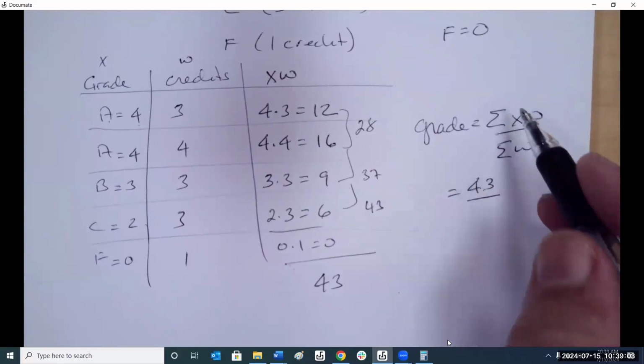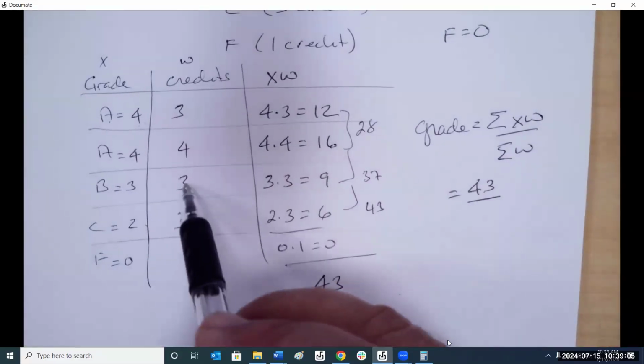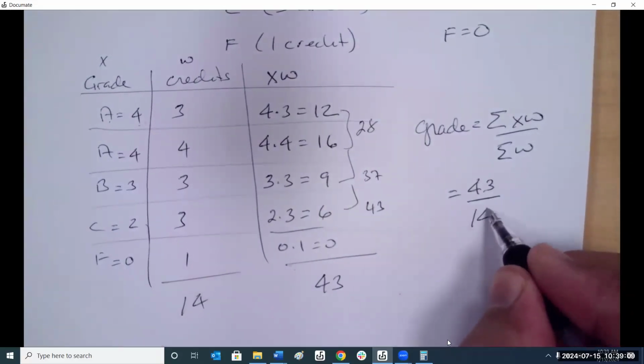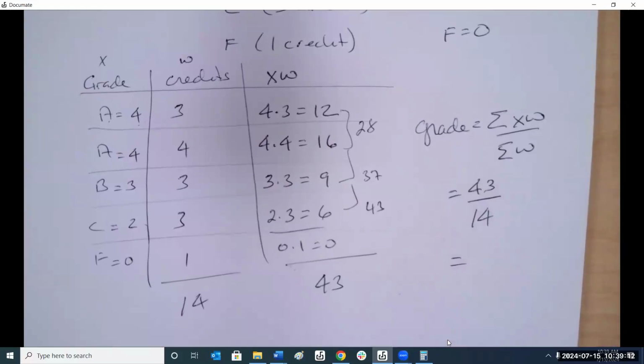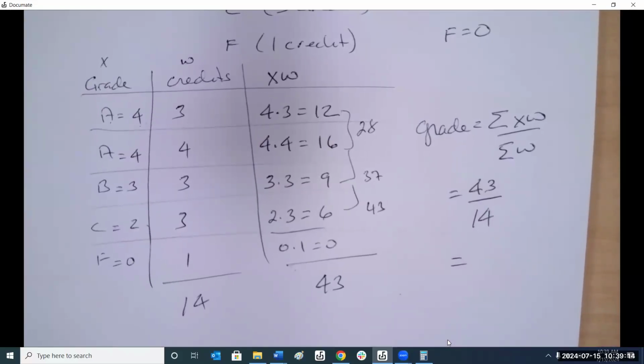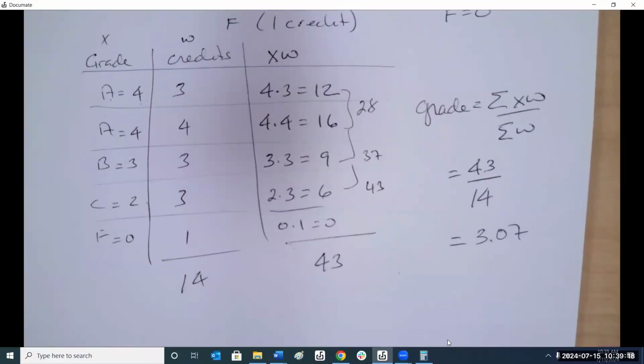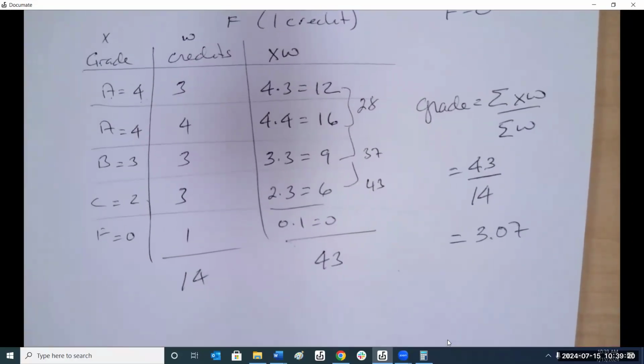Divide it by the number of credits you took, the W's. 3, 7, 10, 13, 14, so it's 14. So it's 3.07. That's the grade point average.